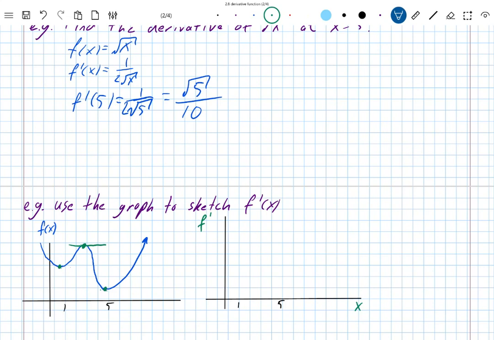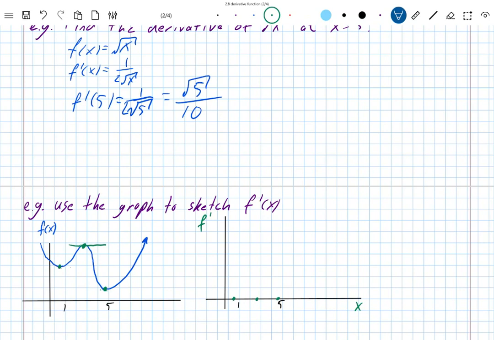So each of those horizontal tangent lines has a slope of 0. So when I go to graph f prime, it looks like I'm going to have a 0 right here, and maybe a 0 right about here, and another one right about here. They should actually be on the x-axis. So I've already graphed 3 lovely points in f prime.